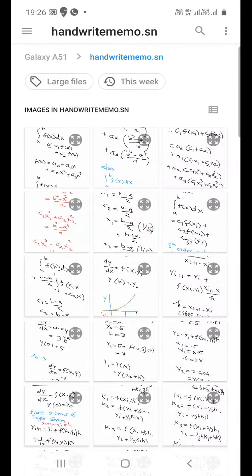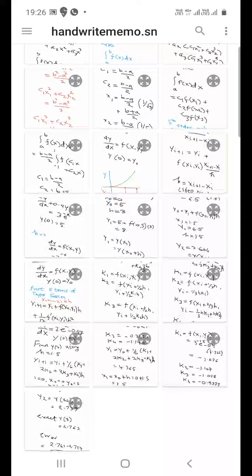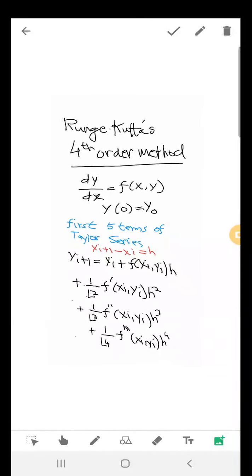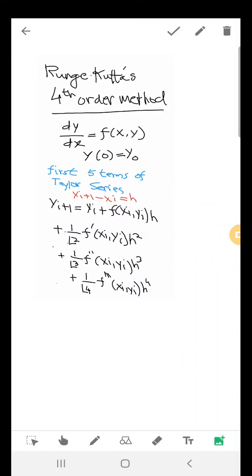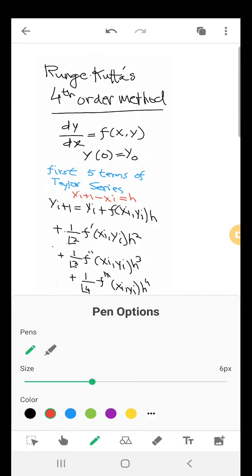So you can see the first 5 terms of the Taylor series.